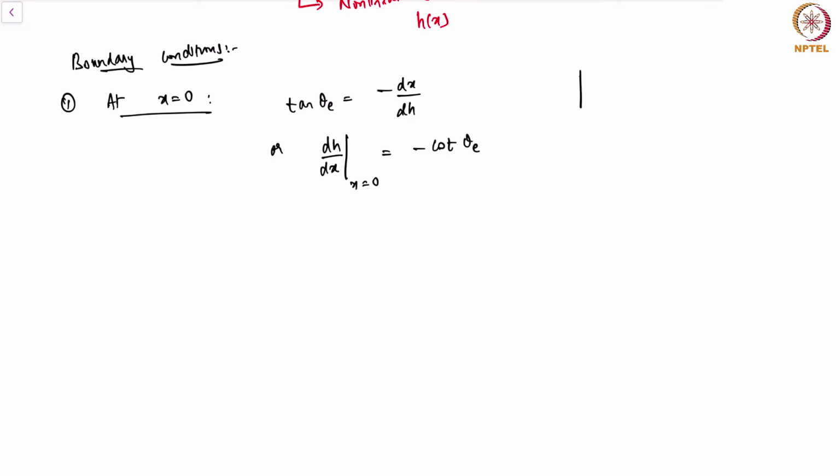The idea is the following: we have a small triangle here. So this height is minus delta h, and the horizontal is plus delta x, and the angle is theta e, and therefore tan of theta e would be delta x by minus delta h, and that's how we got this result.